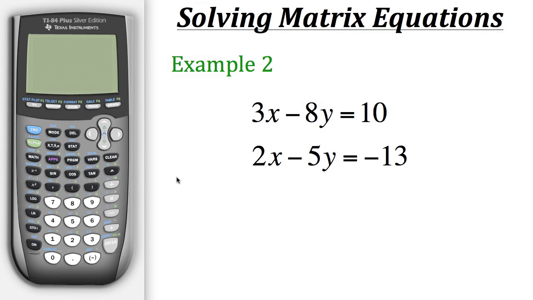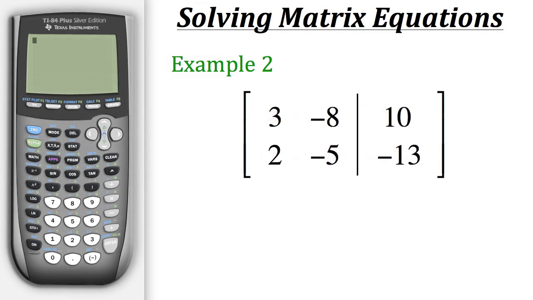Now what I mean by an augmented matrix is that we'll have the matrix of the coefficients fused together with the matrix of these resulting constants. So when we do that, it'll look like this. Now our first column shows us the coefficients for our x variable, and the values in the second column give us our coefficients for the y variable.